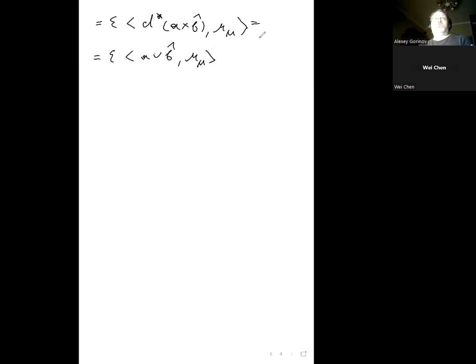Well, this follows from the fact that the upper star transforms the cross product into the cup product.